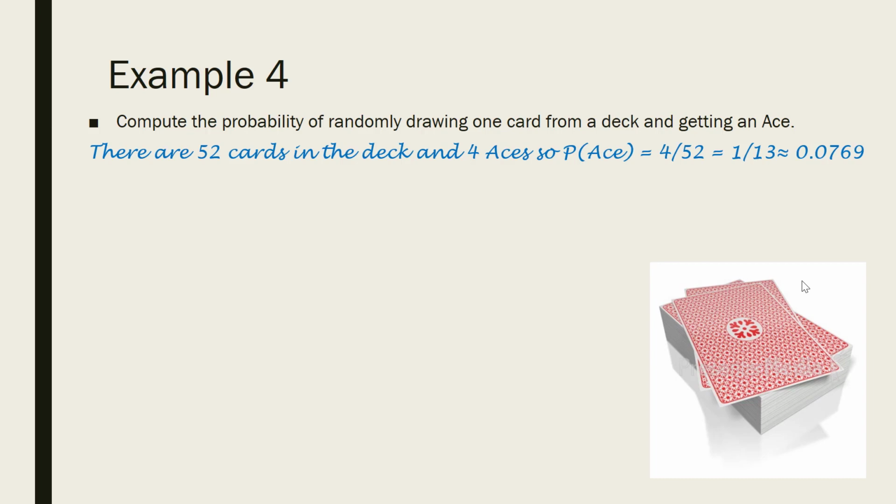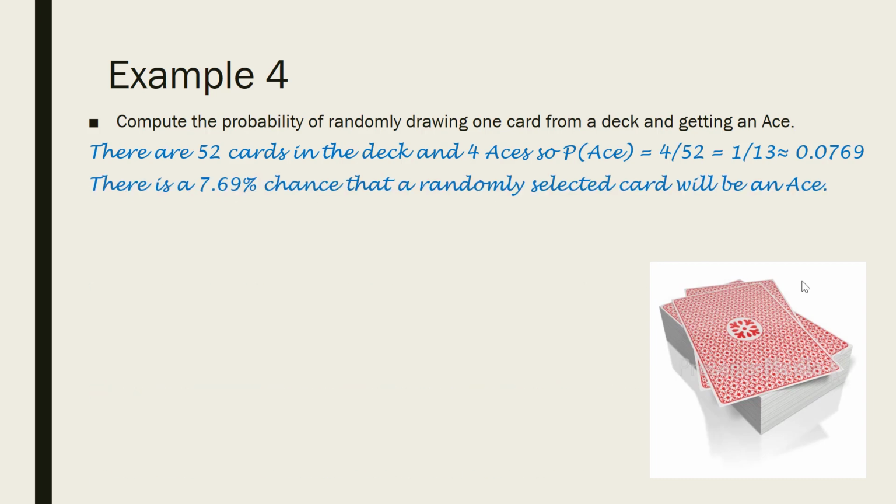We can simplify this fraction to be 1 out of 13. And if we were to divide those numbers in the calculator, we would get approximately 0.0769. We can also think of probabilities as percents. So we could say there is a 7.69% chance that a randomly selected card will be an ace.